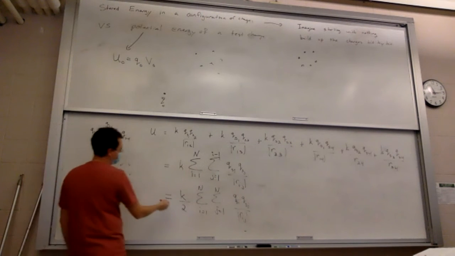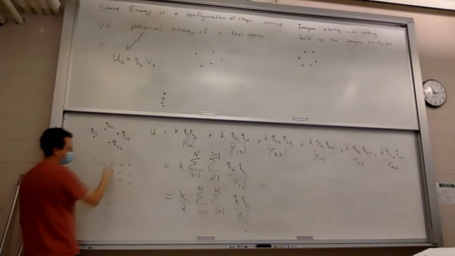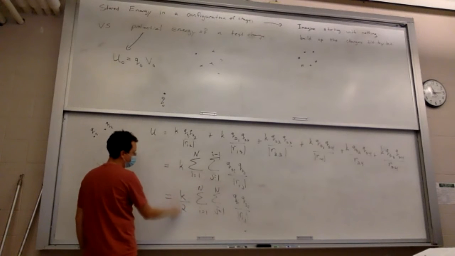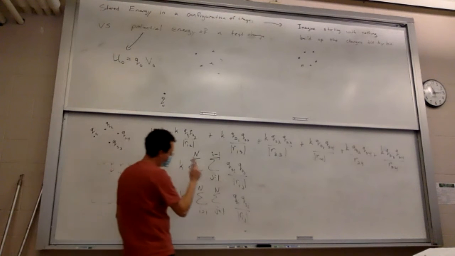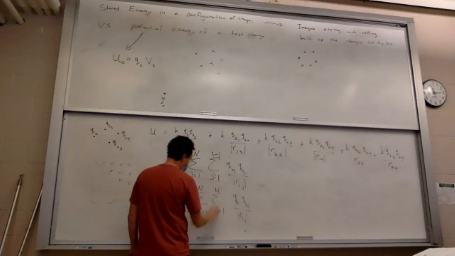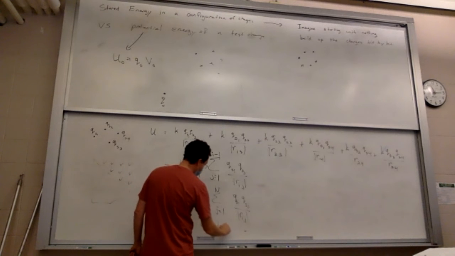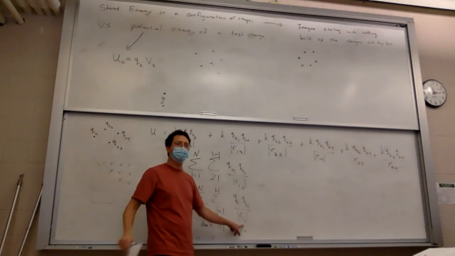So what you can do is fill in the lower triangular part, so it just looks like you're summing over all the elements of the matrix. You have to divide by 2. But there's a caveat. You don't allow the diagonals, so i equals j, because that would cause a problem: you get a divide by 0.